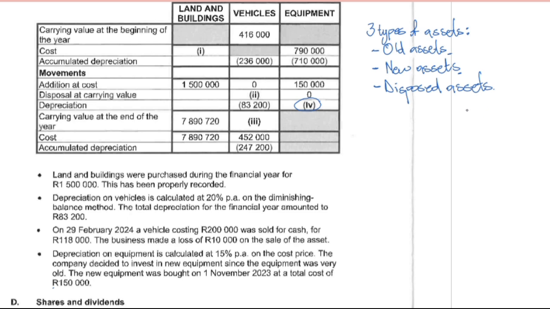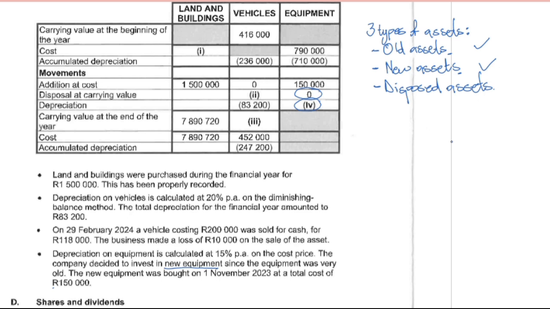In the additional information, we are told that the company acquired new equipment. There is no mention of any equipment that was disposed, so that means there is no disposed equipment. So this means that the company has 2 types of equipment assets: old equipment and new equipment.